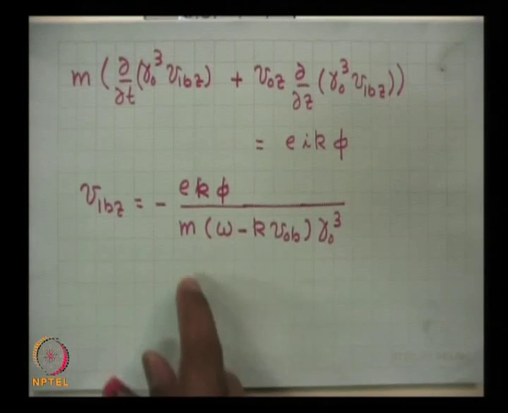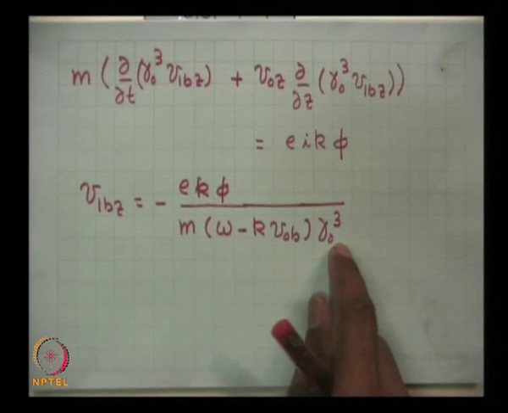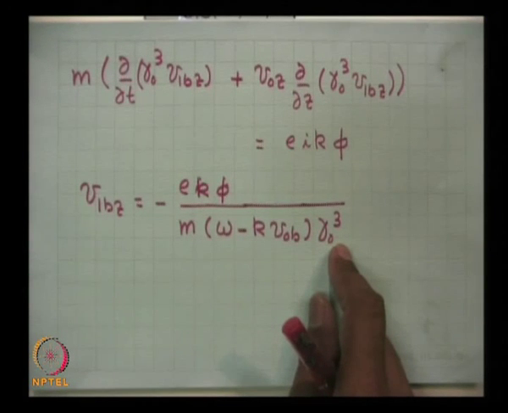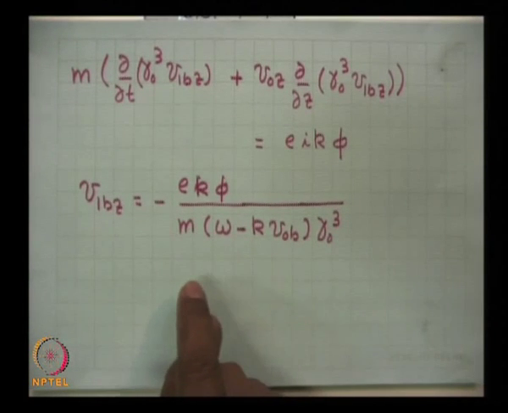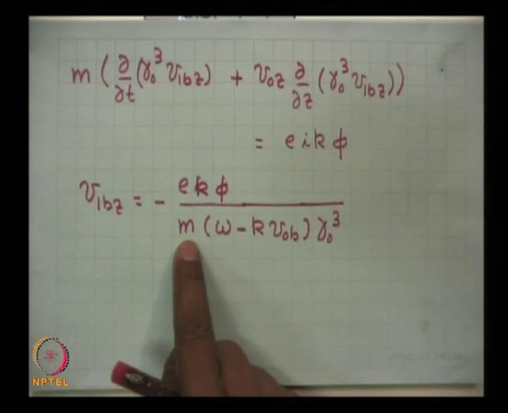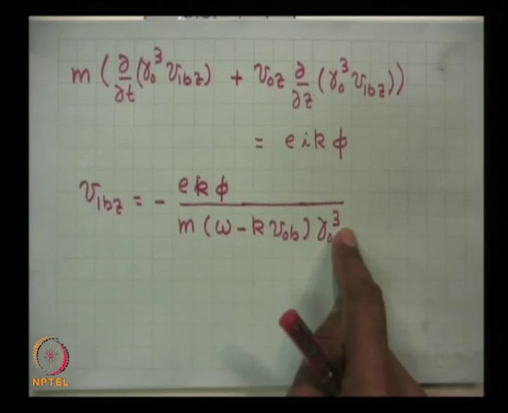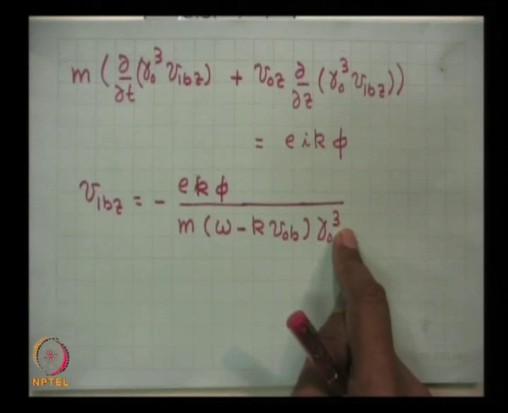But in electrostatic response, it's the gamma 0 cube that comes in. So when you do a proper linearization of the equation of motion, the effective mass of the electron due to relativistic effect is not m gamma, but is replaced by m gamma cube. This is the important modification.